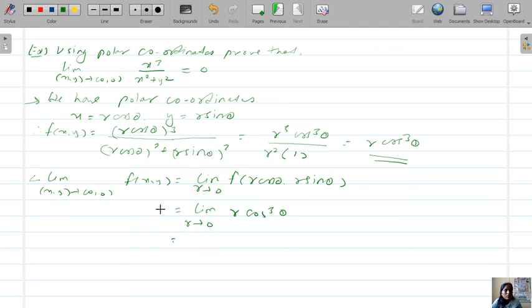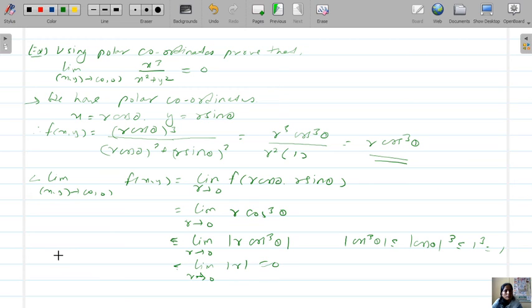Again, this is less than or equal to limit r tends to 0 of, if you take the absolute value, mod r times mod cos cube theta, and this quantity you know that mod cos cube theta is less than or equal to mod cos theta cube, which is less than or equal to 1 cube, that is 1. So this is less than or equal to limit r tends to 0 of mod r, and that is equal to 0.